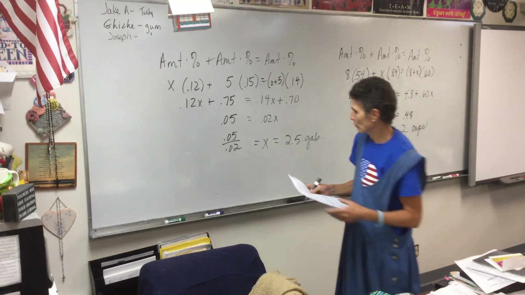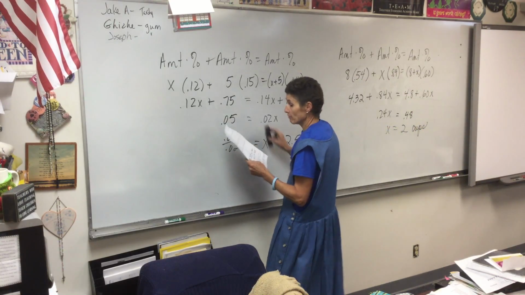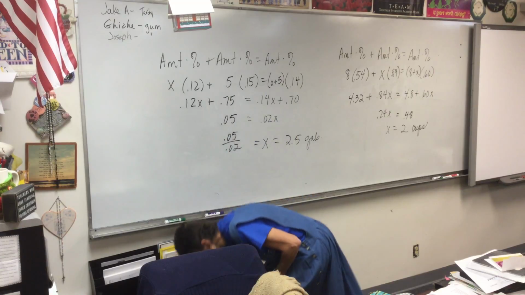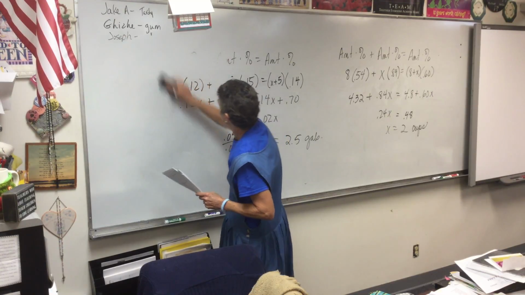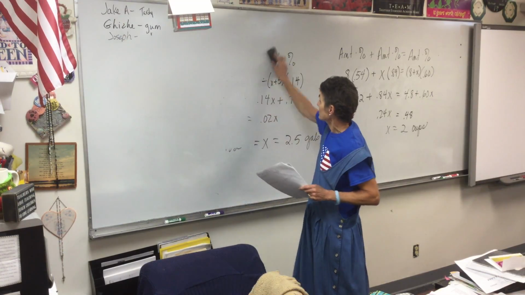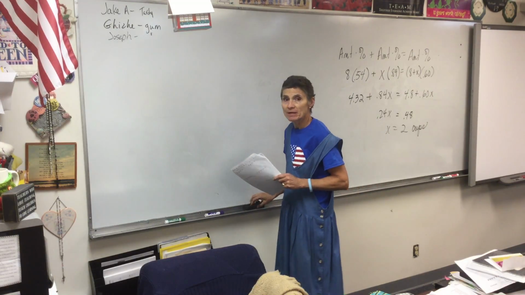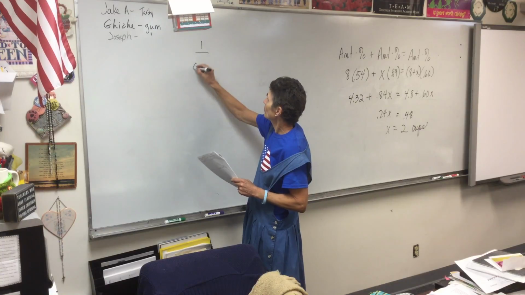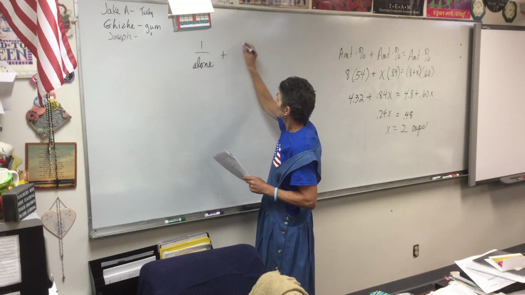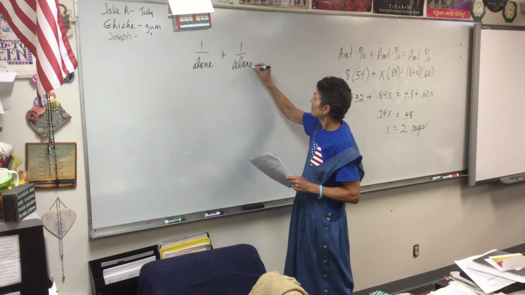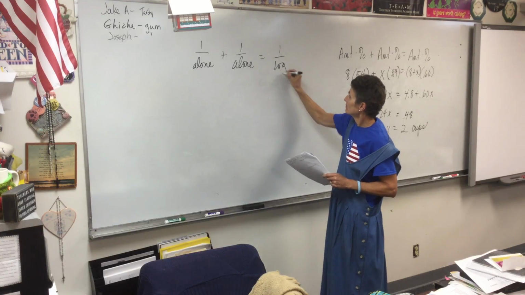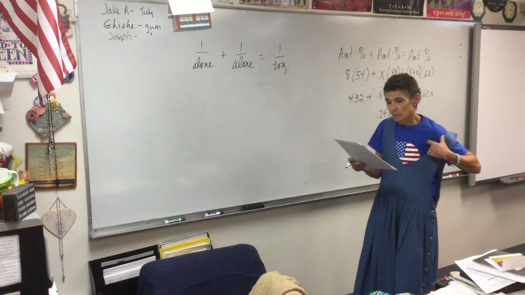All right, now I have number 3, which is a different kind of problem. Number 3 is one of those work problems, and remember we had a general formula for that too. Do you remember what we said that was? We only did a couple of them, but do you remember 1 over alone plus 1 over alone equals 1 over together. So here we go.